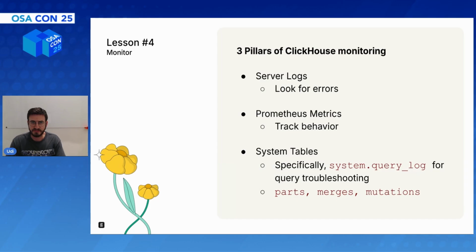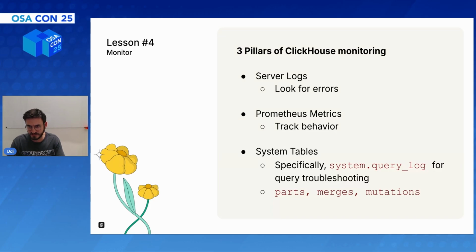ClickHouse is a very complex system, and understanding what's going on inside it is not very trivial. There are a lot of tools baked natively into ClickHouse to help you monitor it. The first thing is its logs, the ClickHouse server logs. ClickHouse outputs a lot of logs, and they can shed a lot of light on what's going on internally.